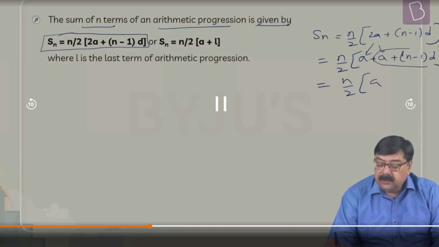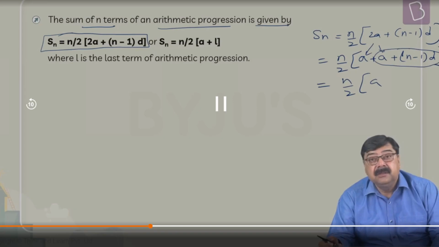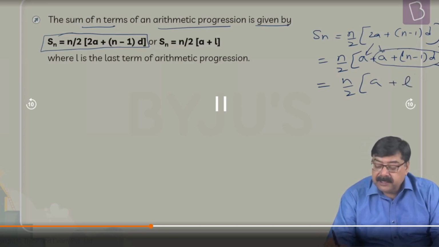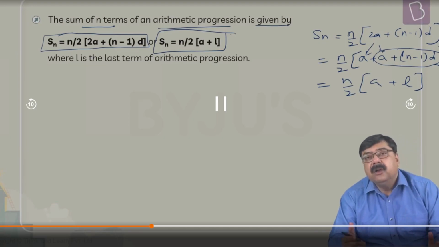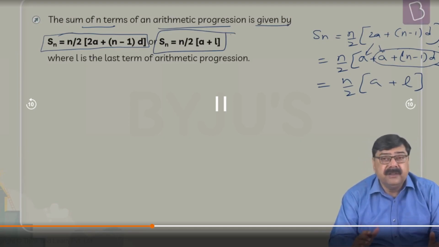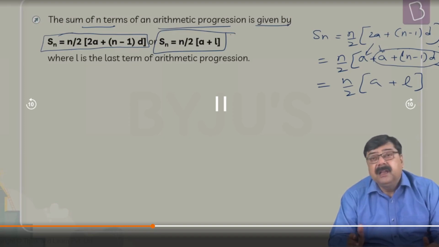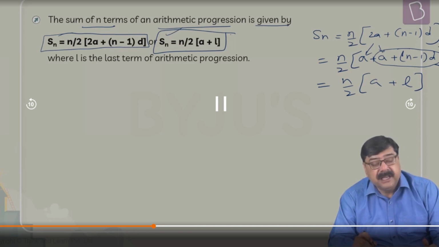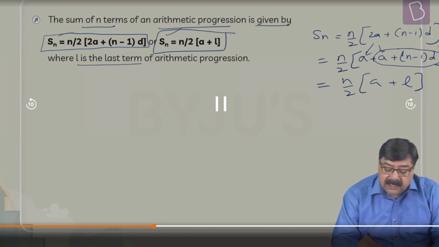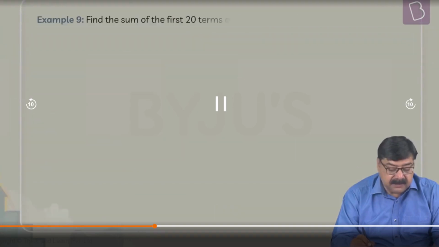Now this we know is nothing but the nth term, the last term. So a plus l. So this is another expression, depending on whether the last term is given or not. So whenever the last term and first term are both given in an AP and the number of terms is known, we can easily find out the sum of the terms in the AP. So l is the last term, as can be seen here.